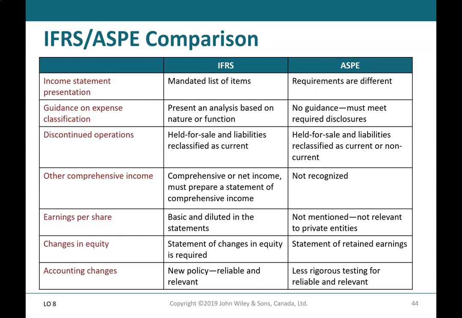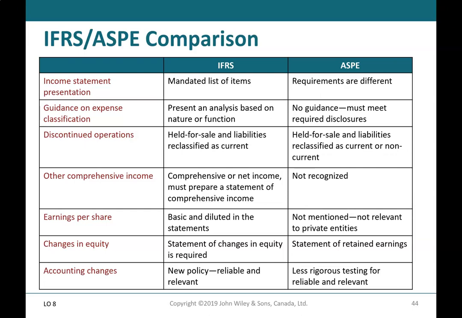IFRS ASPE comparison. Income statement presentation: IFRS mandates a list of items, ASPE requirements are different. Guidance on expense classification: IFRS presents an analysis based on nature or function, ASPE has no guidance, must meet required disclosures.